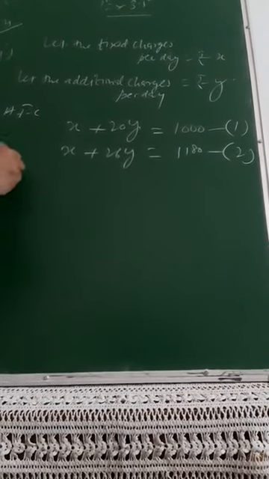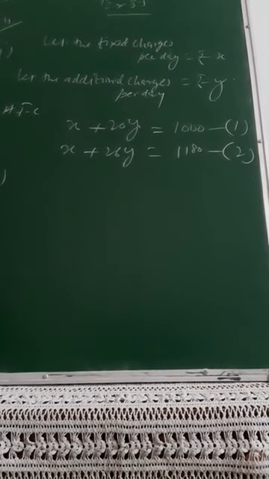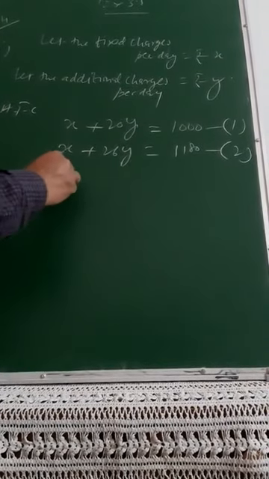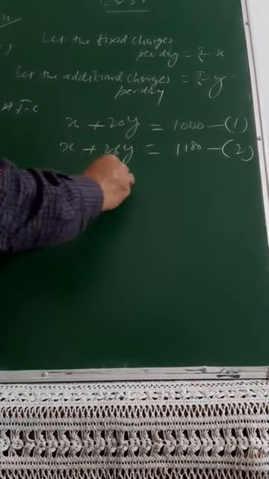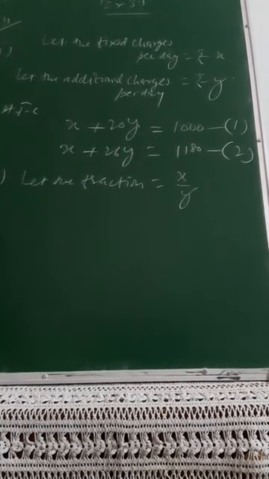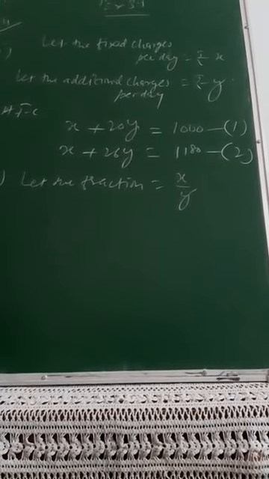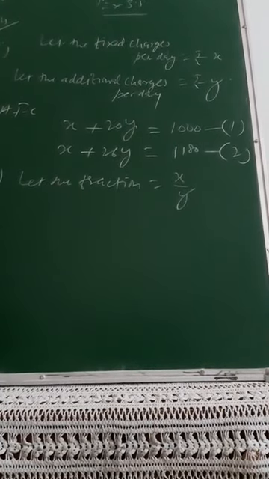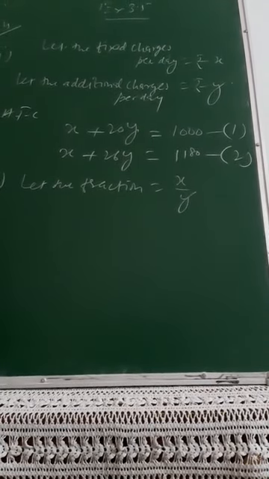Second part is again based upon the fraction. Find the fraction means let the fraction. Suppose you have taken X as the numerator and Y as the denominator. So X upon Y. A fraction becomes 1 upon 3 when 1 is subtracted from the numerator.